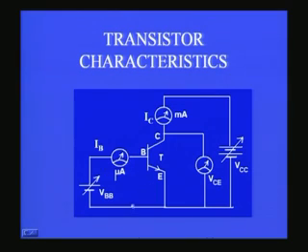Because this circuit is complete between the base and the emitter, you can set a current of 10 microamperes using the VBB power supply by varying this, and it will be a very small voltage that you have to apply, in the order of hundreds of millivolts. You would be able to measure about 10 microamperes current set here. You keep this IB value constant. Now, you start varying the VCC supply from 0. The arrow here indicates that it is a variable voltage source.